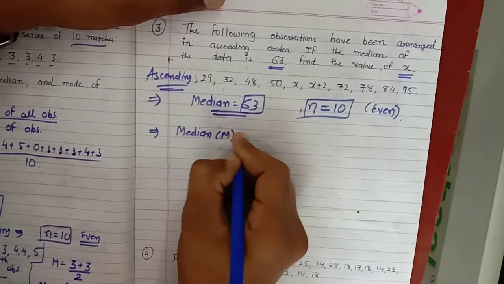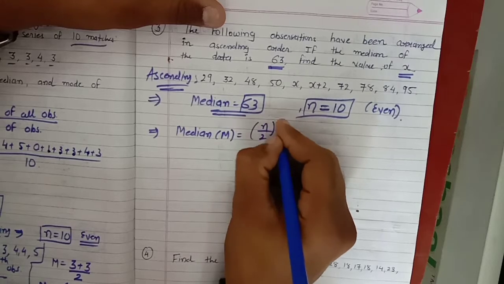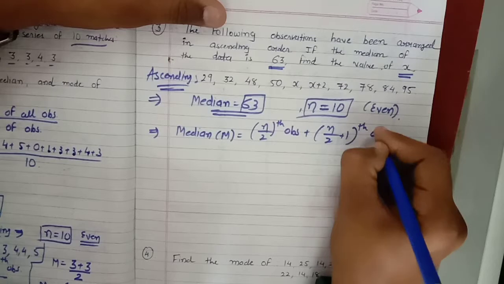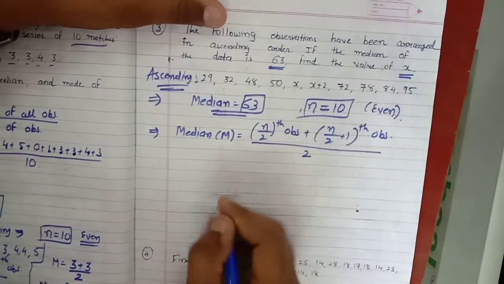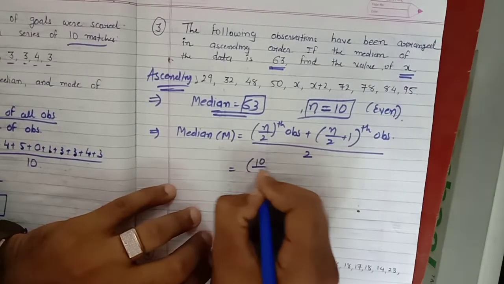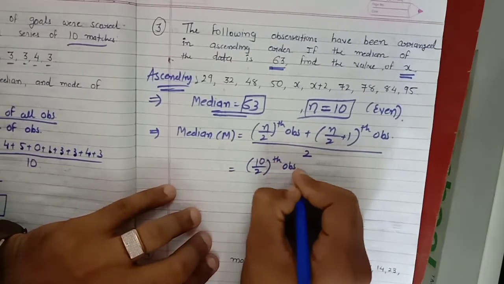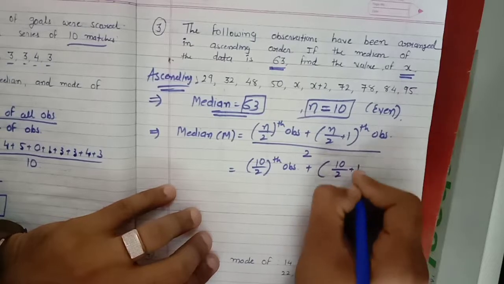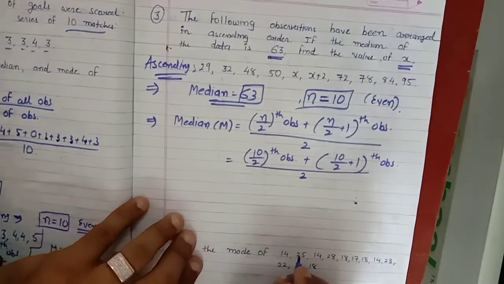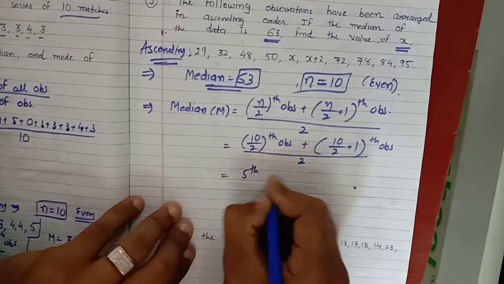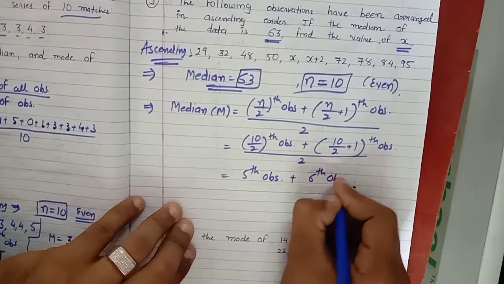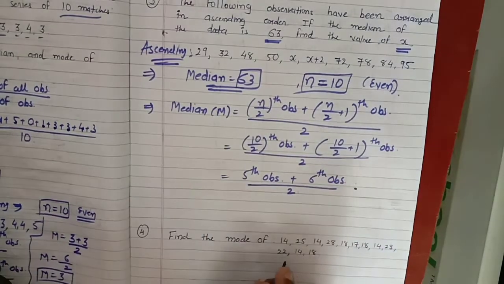Median M is equal to n by 2-th observation plus n by 2 plus 1-th observation, upon 2. N is 10. 10 divided by 2-th observation plus 10 divided by 2 plus 1-th observation, divided by 2. 10 divided by 2 means the 5th observation, plus 5 plus 1, 6th observation, divided by 2 is your median.